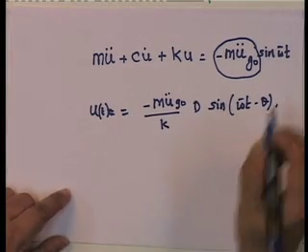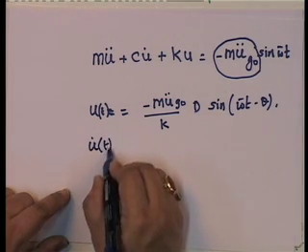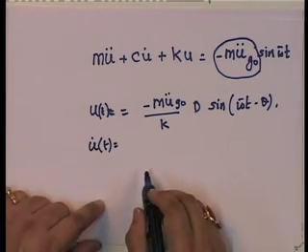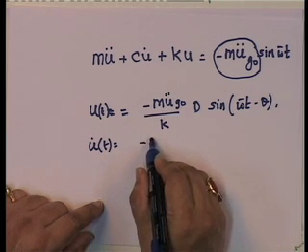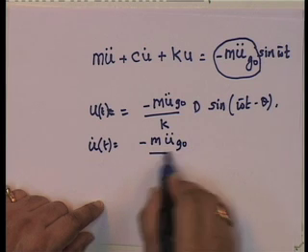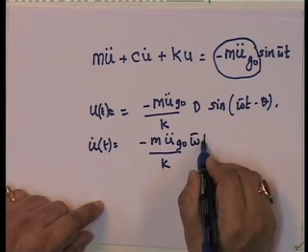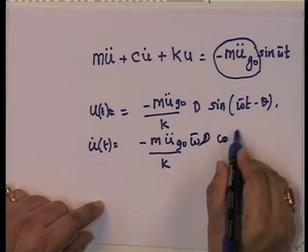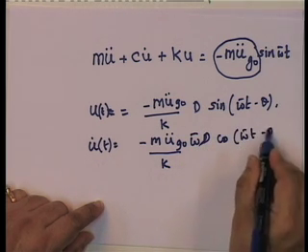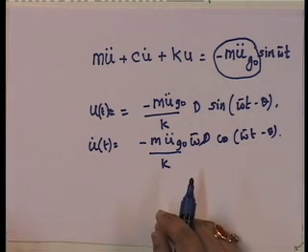So therefore, let me look at u dot of t. U dot of t is minus m u g upon k omega bar d cosine omega bar t minus theta. Okay.